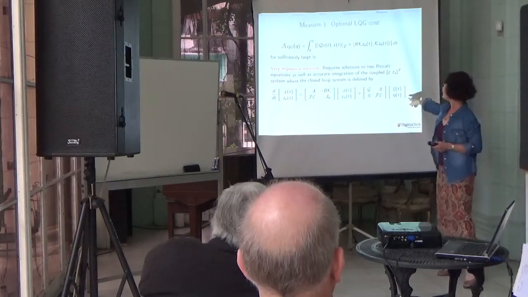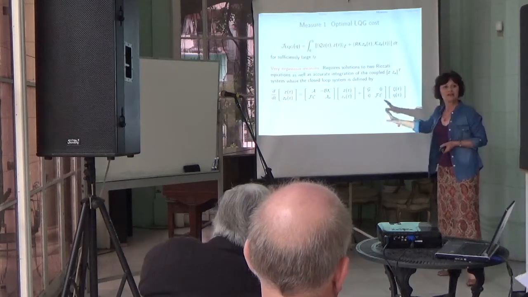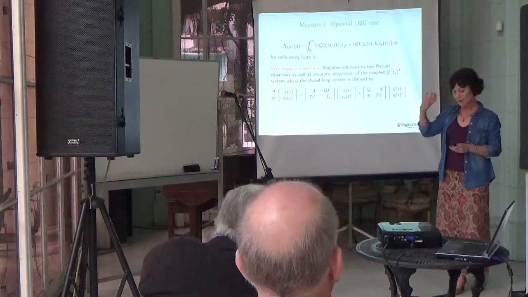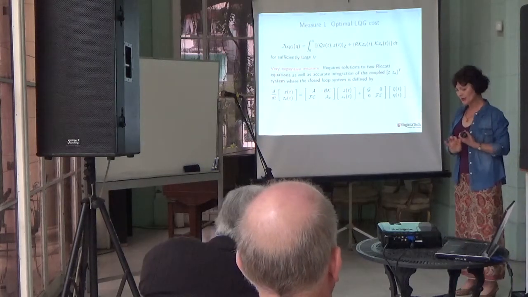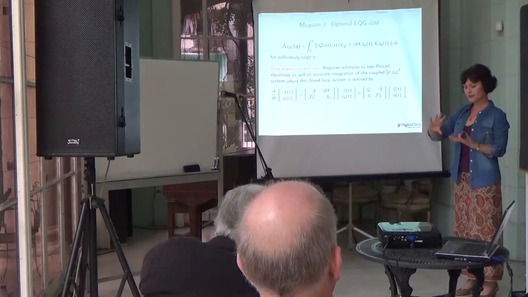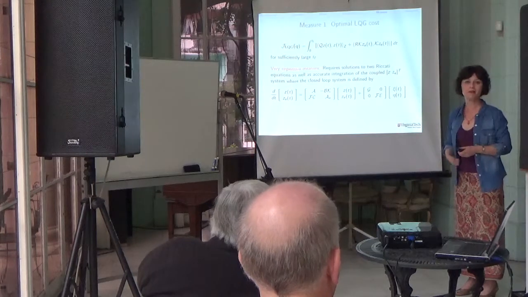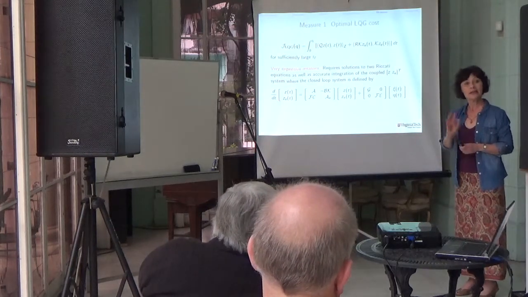In other words, we have to integrate this back in time, and we need to do it accurately. So this measure requires the solution to two algebraic Riccati equations for each sensor location, and you have to integrate the system back in time. So it's simply not efficient. But we did do it.